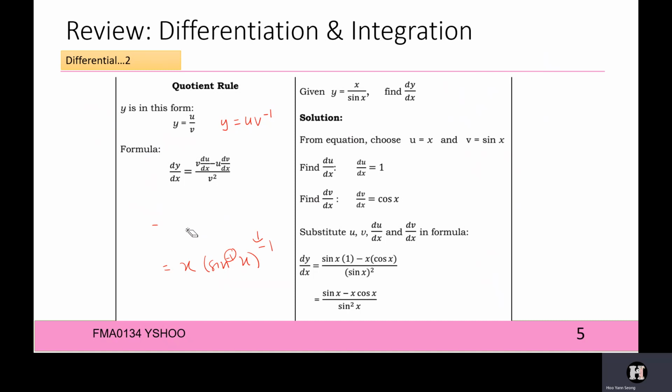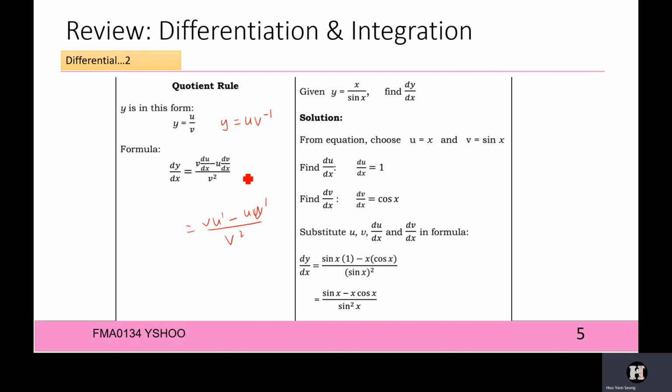So now if you want to use the quotient rule, definitely you need to identify who is u and who is v, then follow this formula: v u prime minus u v prime, all over v squared. They are the same as what we learned last time.